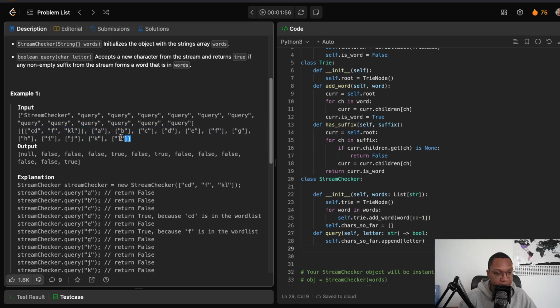Do I only check L or do I have to expand out? Let's see, L, K works, but then what if it didn't? Then we would just do L. We would say, yeah, nothing's there.